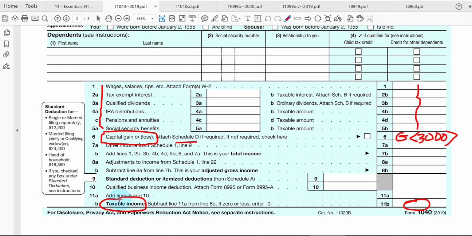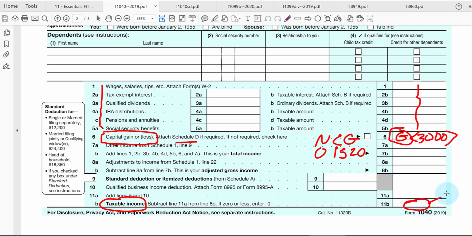But we had gone through some examples in the previous video where this gain here, if it's a net capital gain, meaning it's a long term, after subtracting out capital losses, it gets taxed either at a 0 or 15 or 20% rate, versus the rest of the taxable income could be taxed at a marginal rate that's higher than those three rates.